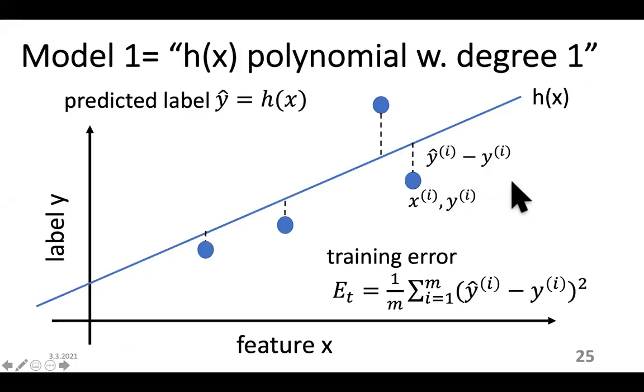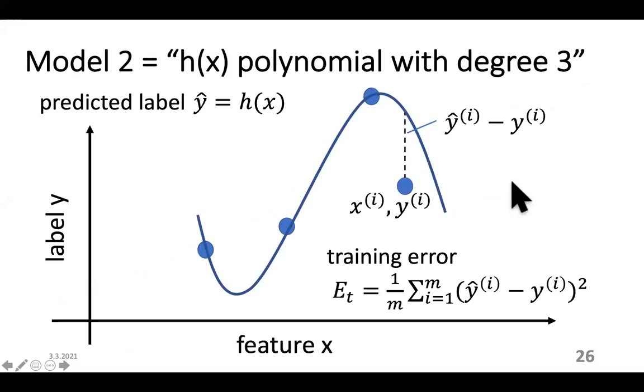Then we do the same: we now train the other model, model 2, which is given by all polynomials with degree at most 3.